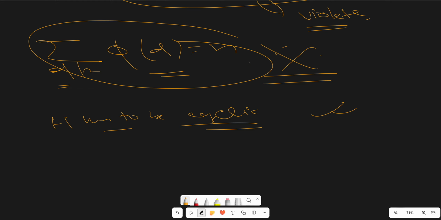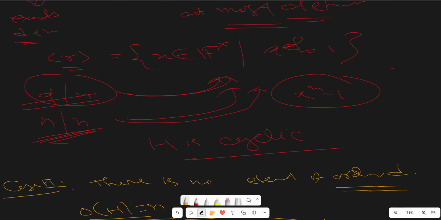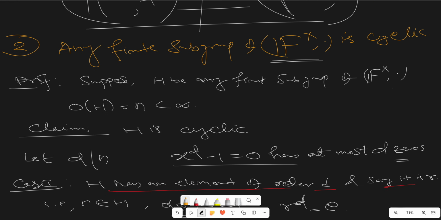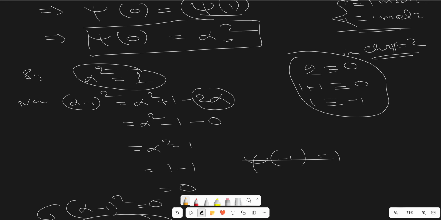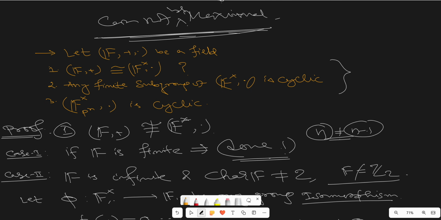That proves the theorem. And what was the third proof? The third one is nothing but, if you understood the second one, then there is nothing new in the third one. The third one says that any finite subgroup of F star under multiplication is cyclic. How do we show this?